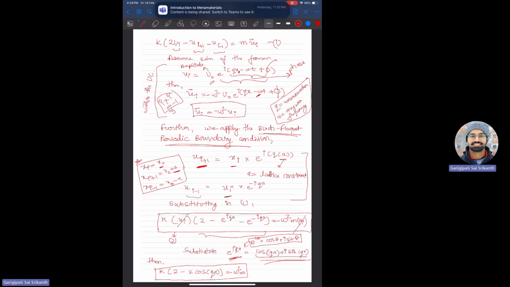Within that total phase, we have terms like q x minus omega t plus phi, where phi is the additional phase and q is the wave number. Omega is the angular frequency, and x is the x coordinate. It's a coordinate, it's not related to displacement.